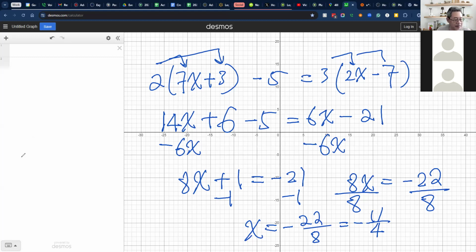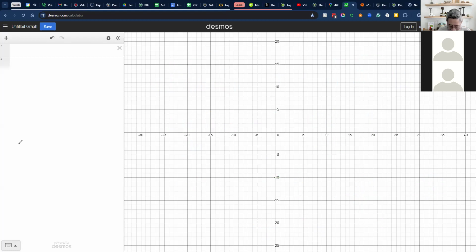Okay. But you left it the same way. You didn't flip it around this time. Well, because I don't have to deal with negative numbers, because 14x minus 6x is 8x. So I didn't flip. Oh, okay. And that would have made more sense if I'd actually had 14 instead of 4. Right. Okay.